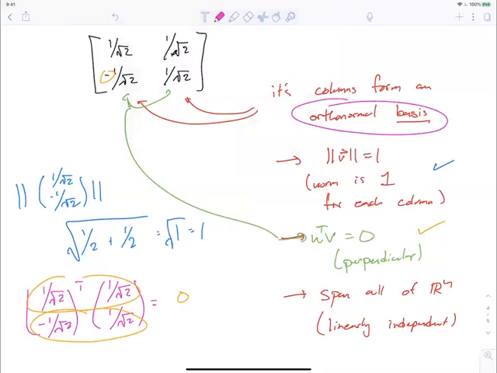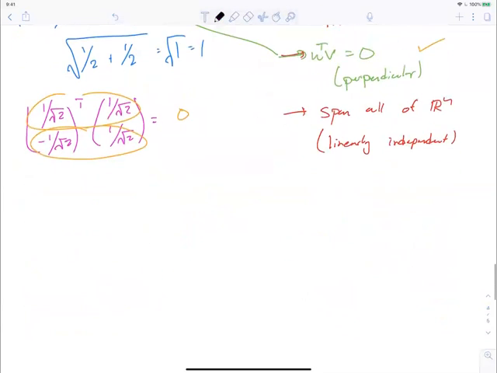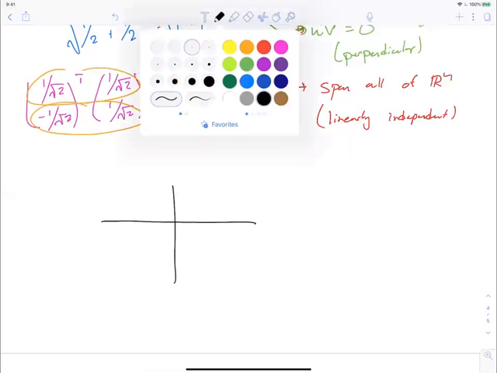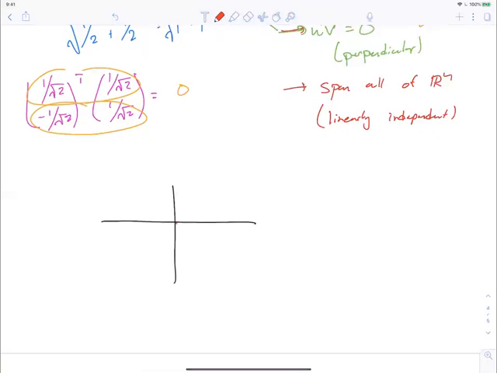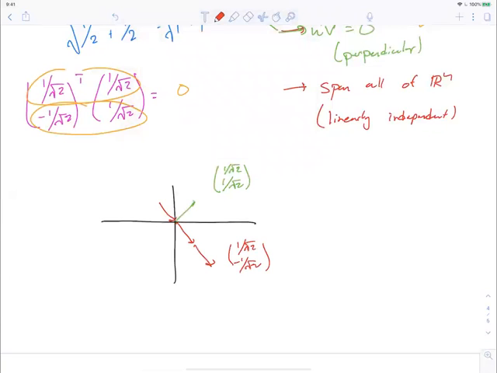So that's what this is. Why is this important? Let's look at this basis. It's going to look something like this. And if we extend this, it forms a square grid.